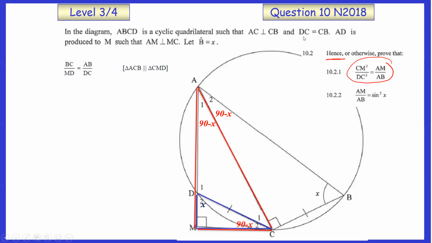But look at the top there. They told us something very important at the top. That DC is equal to what? CB. Let me highlight that as well. Okay, so remember this point here. BC over MD is equal to AB over DC.